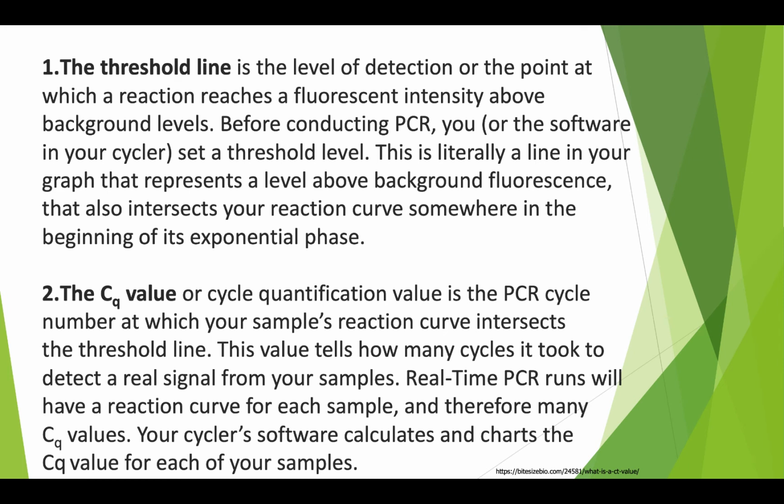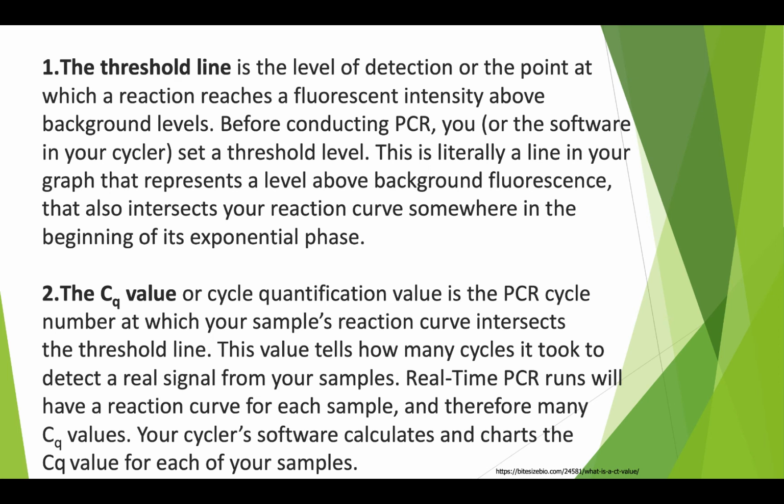You put a threshold line. Anything below it is negative. So before PCR, you or the software will set this threshold level according to the buffer that you have, the dye, the software, the PCR machine that you have, everything. So basically it's just a line you put on the graph, and it represents that any level above this line is positive, anything below it is negative.